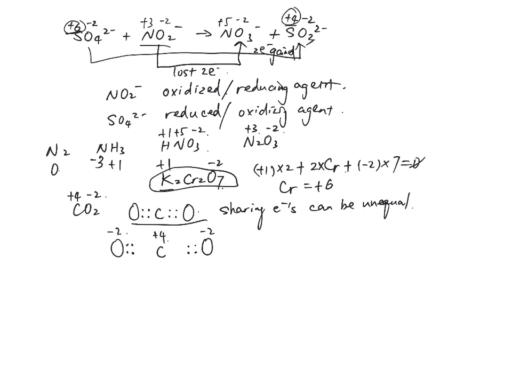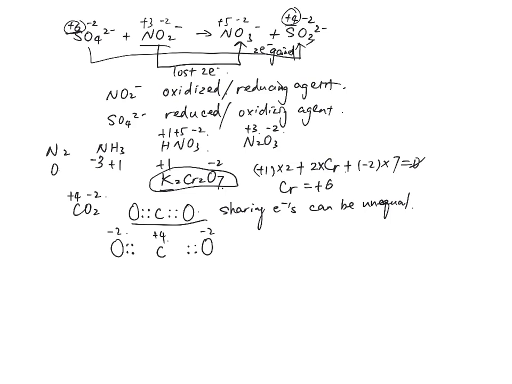So, one thing that you can do to practice your ability to assign oxidation numbers, okay, to figure out oxidizing agent and reducing agent, is really going through your textbook where the redox chapter is.